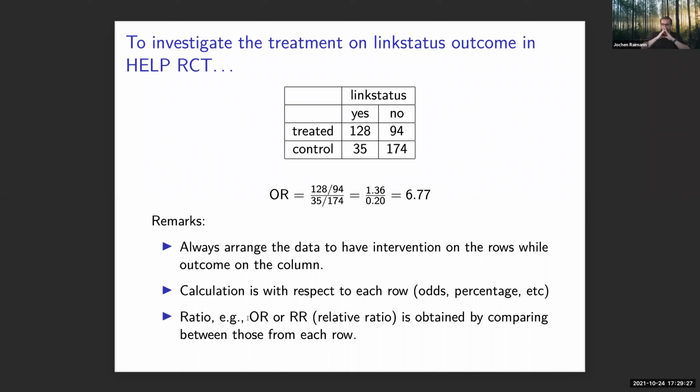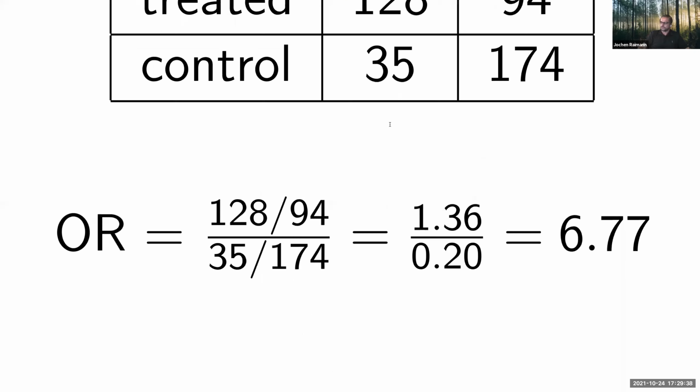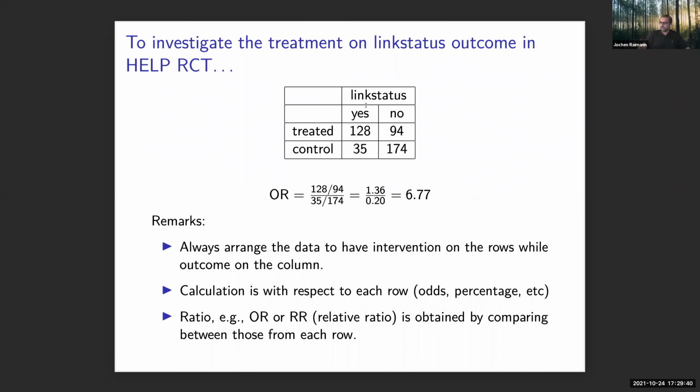So how does it look? So we have here the treatment on link status outcome from the HELP RCT data set. So we have treated yes, no, and link status yes, no. So we essentially have here a 2x2 table. We have those that have link status yes and were treated with 128, and we have those that have link status no and were in the control group.